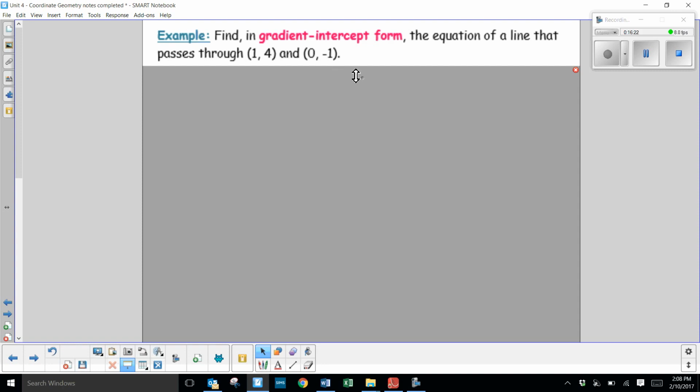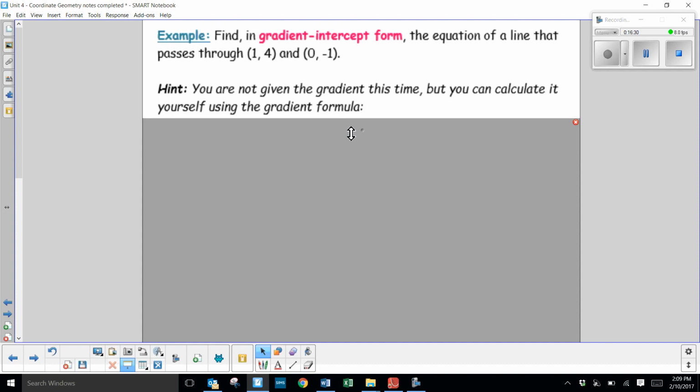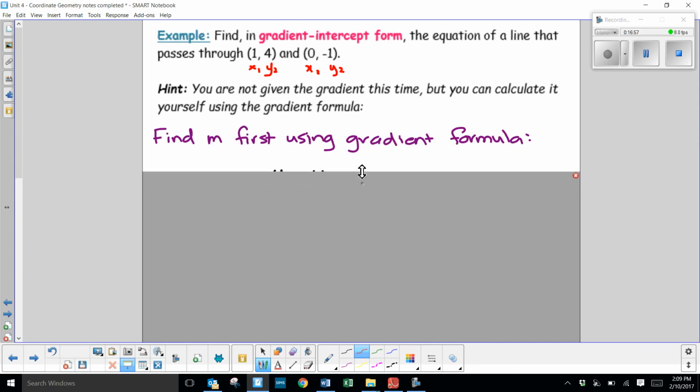Let's label our coordinates, because the gradient formula involves y2 minus y1 over x2 minus x1. x1, y1, so the other coordinate is x2, y2. Try to remember what the gradient formula is. It's rise over run, so y2 minus y1 over x2 minus x1.